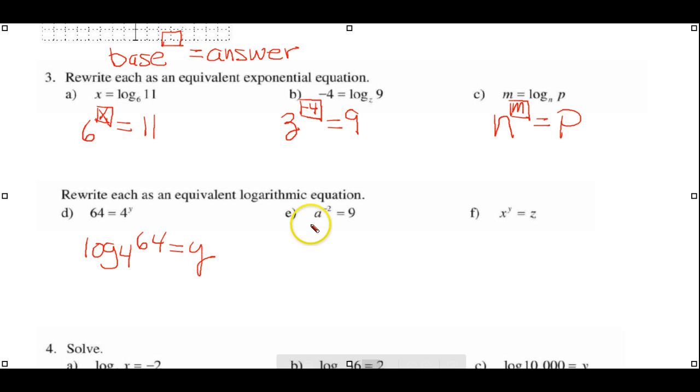Alright, give e a try. And you're working on a pattern. So log base a of 9 is -2. And for letter F, log base x of z equals y.